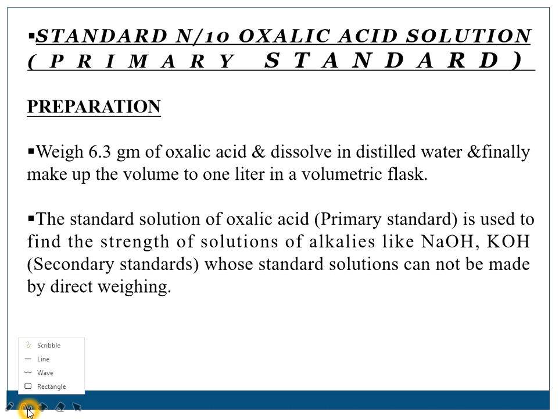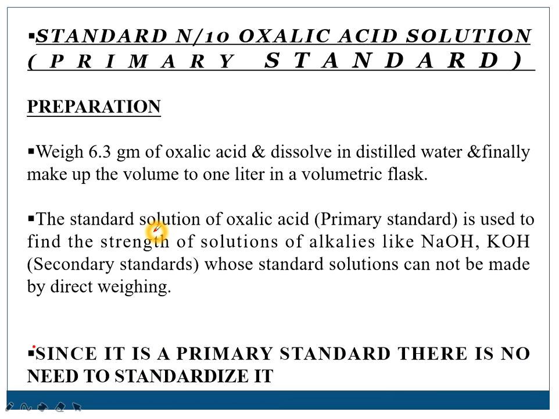The standard solution of oxalic acid, since it is a primary standard, can be used to identify the strength of various alkalis like sodium hydroxide, potassium hydroxide, etc. Since it is a primary standard, there is no need to standardize it.